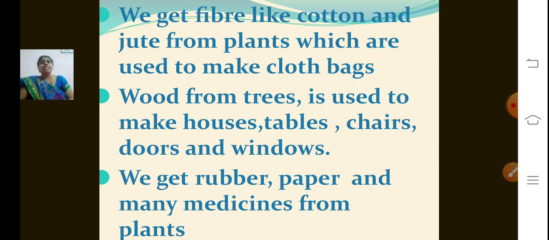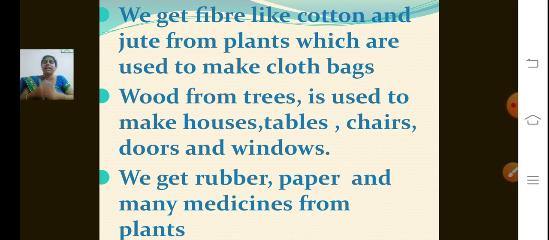Next, wood. See, we are cutting wood, right? That wood from trees is used to make houses. How are houses constructed, with windows, doors and all? From the wood from trees. We are cutting wood from the trees, right? The thick part we are cutting is called the stem.